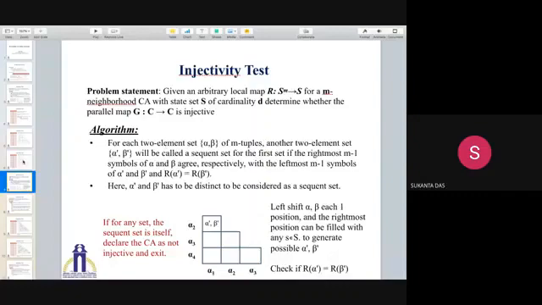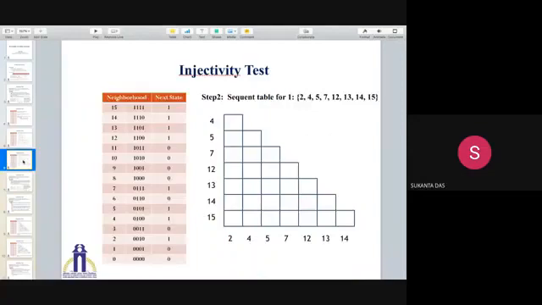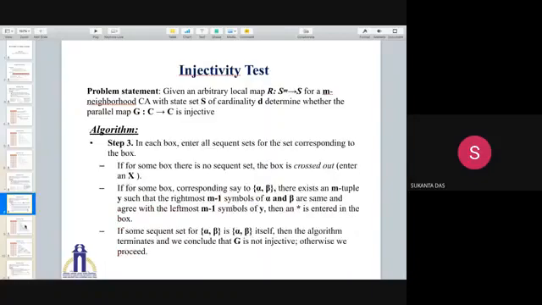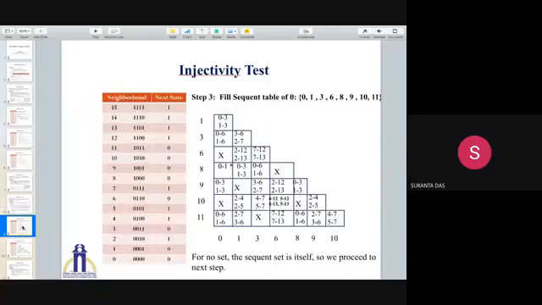Just a sec, because I have to tell you how can I form this table one. That slide is missed here. Okay, it is here.